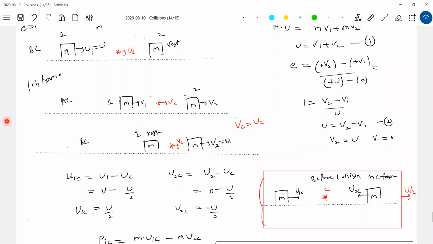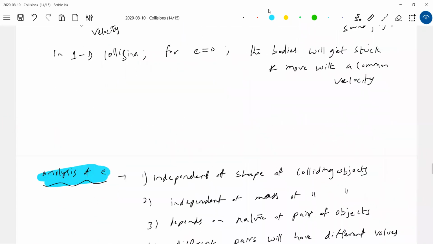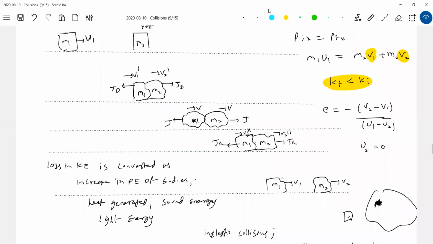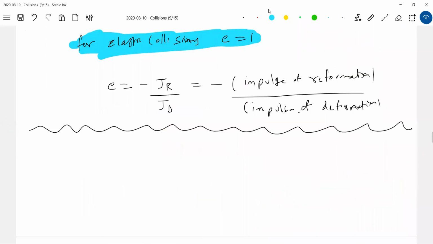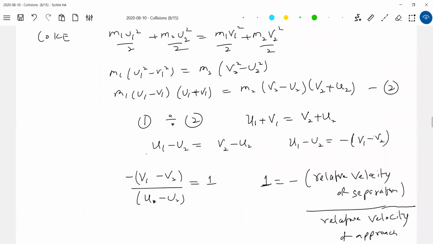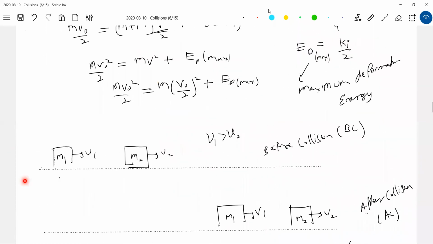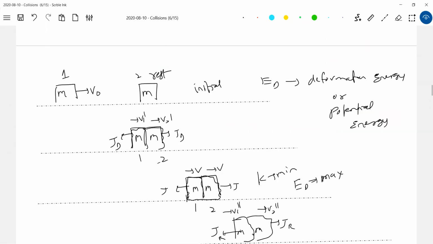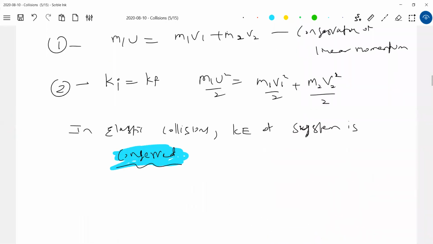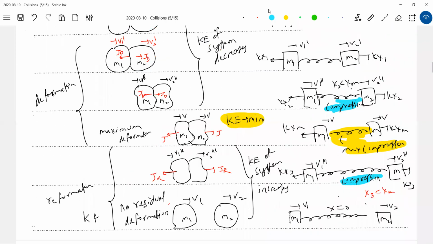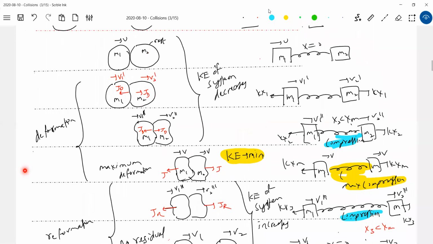Because now you may ask me the very first thing, no? You may ask me, sir, on what basis are you sure that these two forces will be equal and opposite? That's the best question a student can ask a teacher. How can you say that this J D and this J D will be equal? They may be different.